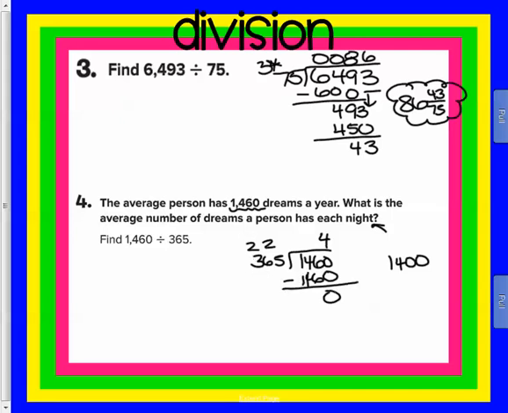So I get 0. So lucky for me, I picked 4 first because there's nothing remaining, so my answer is 4. Okay, and this isn't just 4. We have to also say it's 4 dreams because we always need our label.